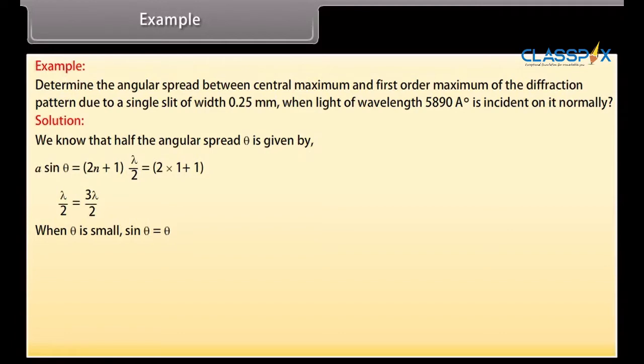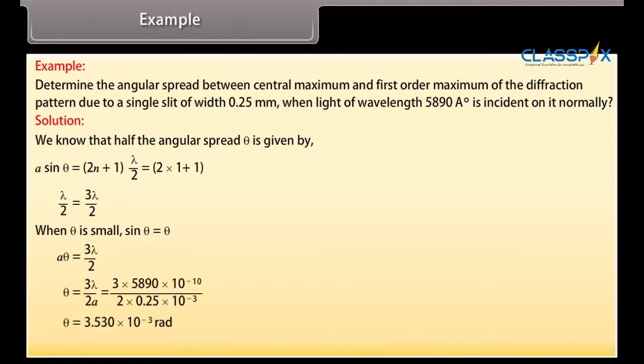It gives a theta equals 3 lambda by 2. On putting the values, we get the value of theta equals 3.530 multiplied by 10 raised to the power minus 3. Hence, the total angular spread is equal to 3.530 multiplied by 10 raised to the power minus 3 radians.